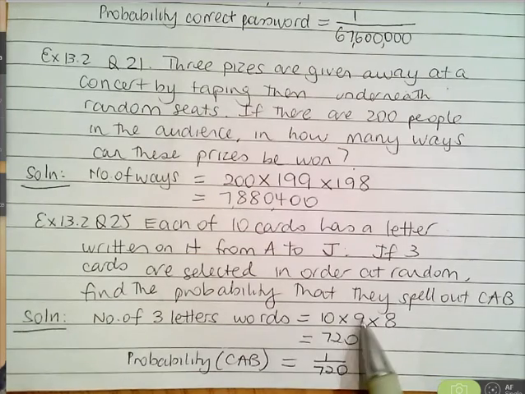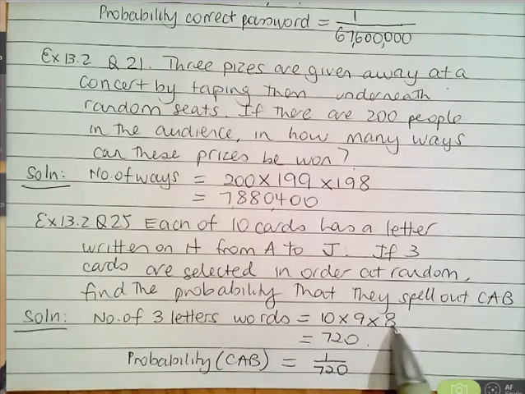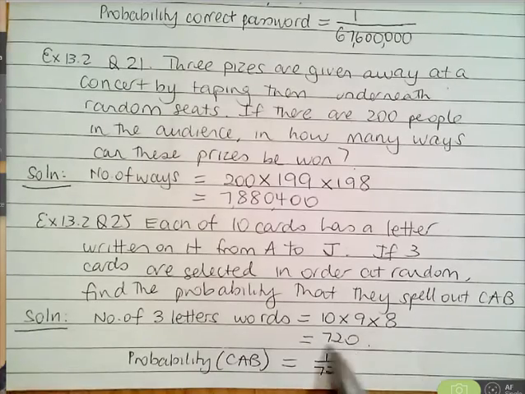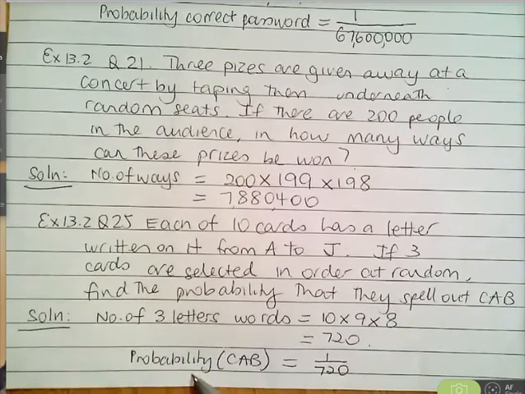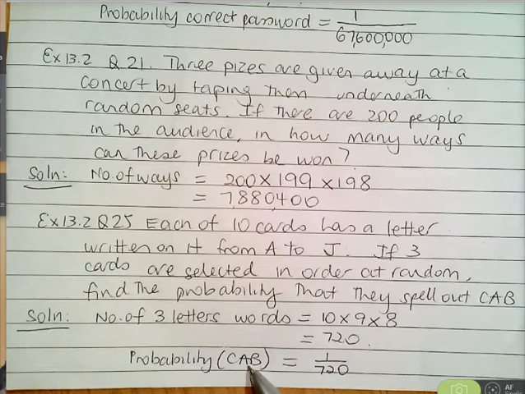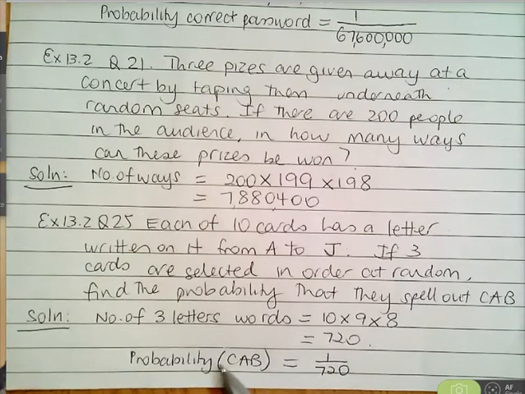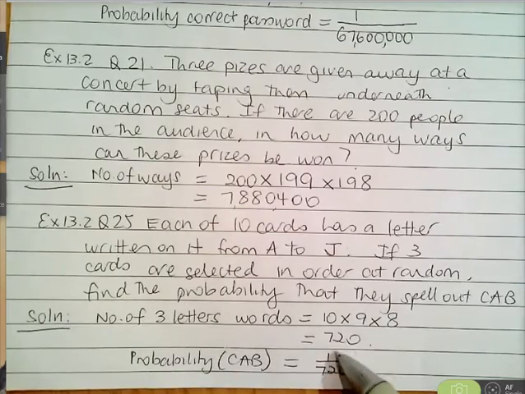And then once 2 letters are used up for those first 2 letters of the 3-letter word, then there's only 8 choices left for the third letter. So 10 times 9 times 8 is 720. So there's 720 different 3-letter words that can be chosen. Now the probability that you would choose the 3 letters that spell out the word CAB, there's only one chance of getting C, then A, then B. So the probability of getting CAB is 1 chance out of the 720.